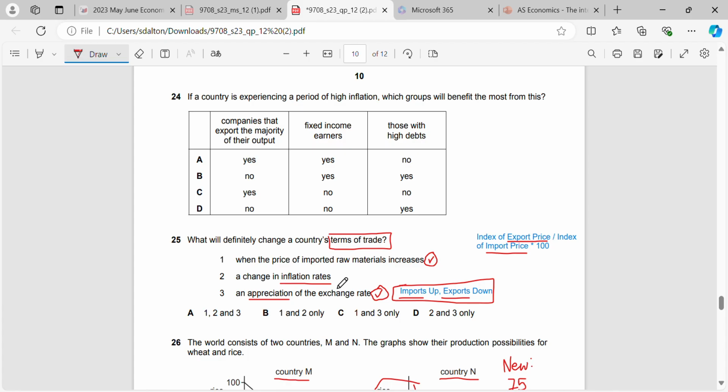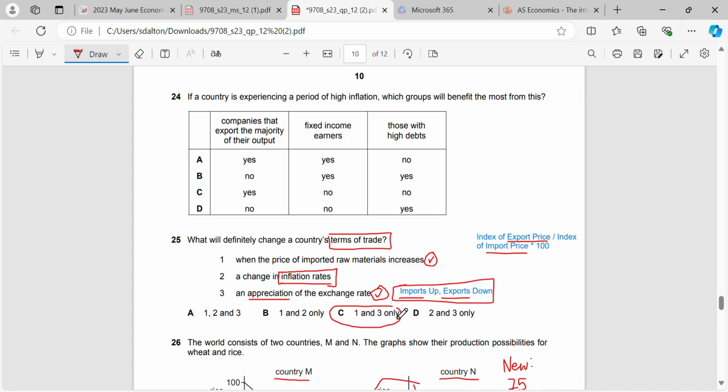Therefore, they can keep the price of their exported materials the same. And the other thing to take into account is it's a change in the inflation rate, not a change in the inflation. Remember, the inflation rate is just a comparison between one year and the other. So a change in inflation rates is not always passed on to exports. Therefore, it is not something we can definitively say will change a country's terms of trade. Although it might, it is not definitive, it is not 100%.